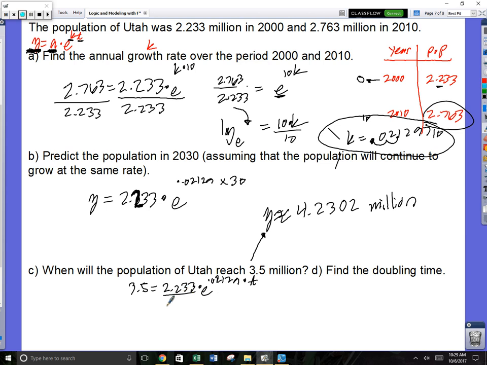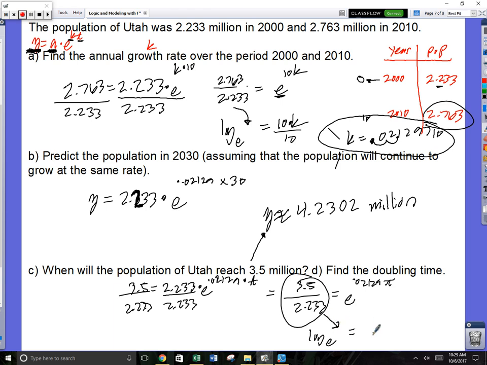So let's solve for t. So let's divide by 2.233, divide that by 2.233, and we got this. We got 3.5 divided by 2.233 equals e to the 0.02129t. Now we're going to have to log it. So we're going to change this to a log. It is going to be log in base e of that number equals 0.02129t.